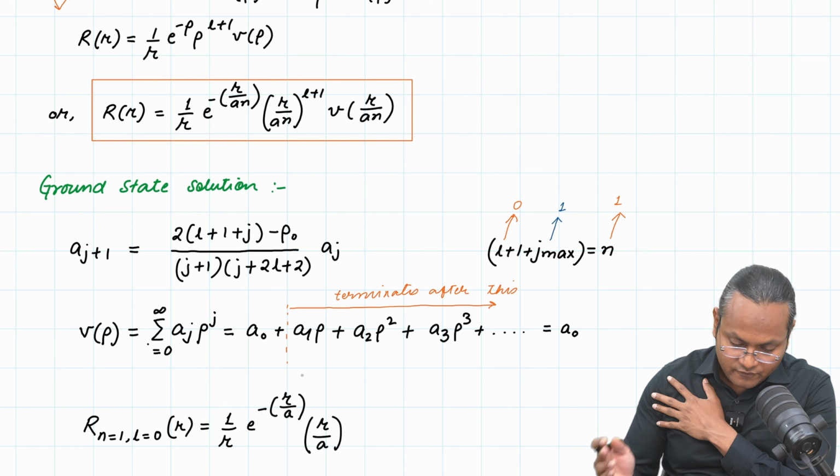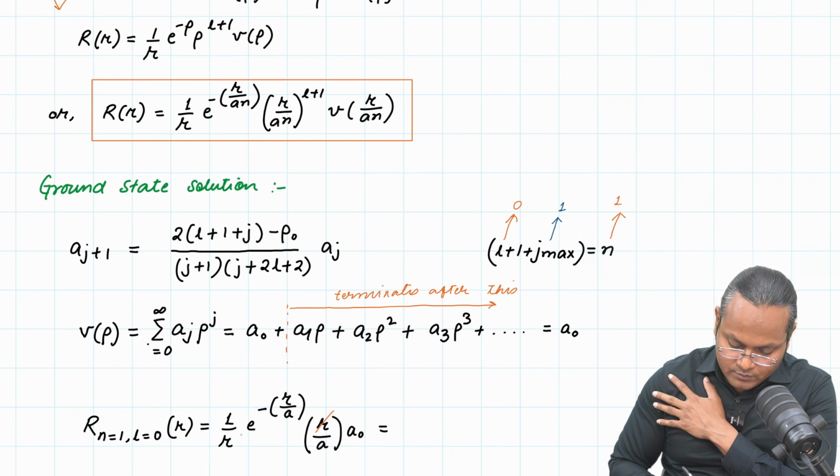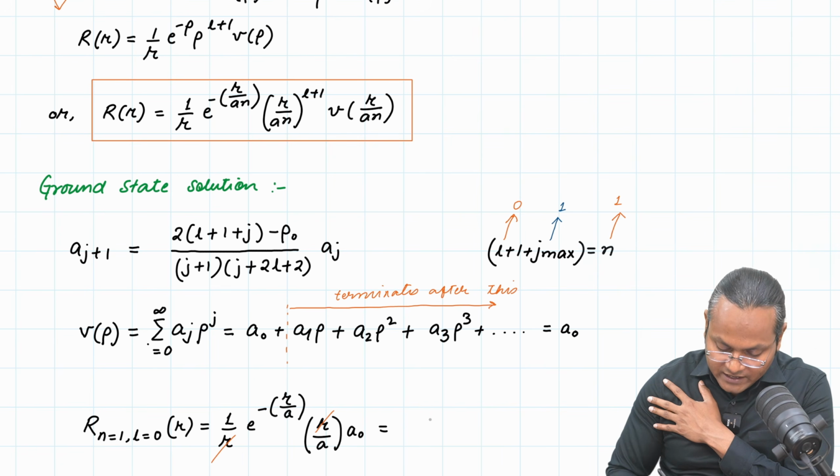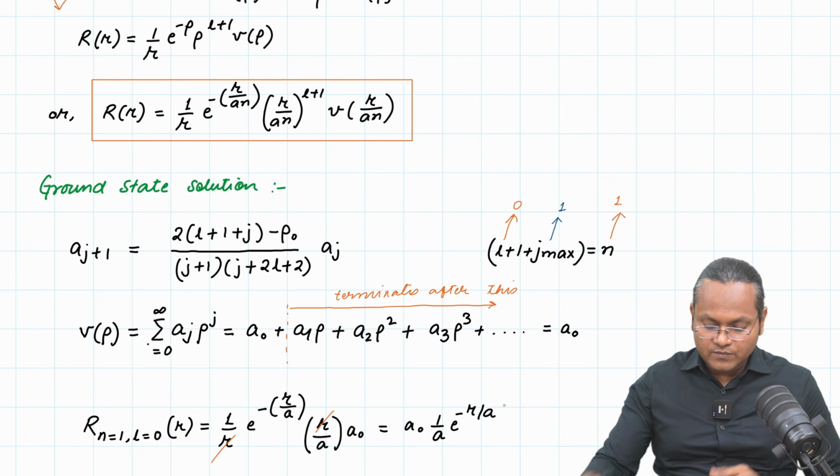And here instead of v, we just get a coefficient a naught. There you have it. We have an expression where the ground state radial solution turns out to be a naught times 1 upon a e to the power minus r upon a. Here a represents the Bohr radius, so we'll keep that separate.